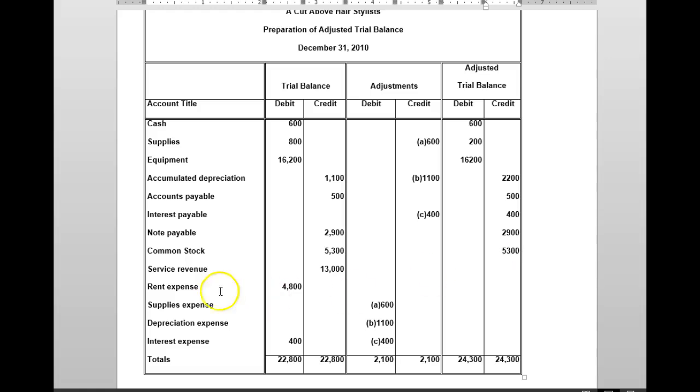So these are our largest transfer. We had service revenue. I don't think we added anything to it, so that didn't change. We did add rent expense that wasn't there before, so that needs to go right here. No, we didn't. That was already there. We added supplies expense of $600. We added depreciation expense.